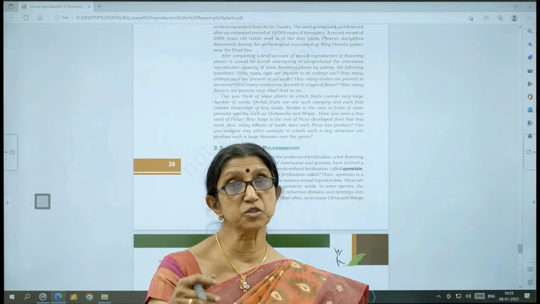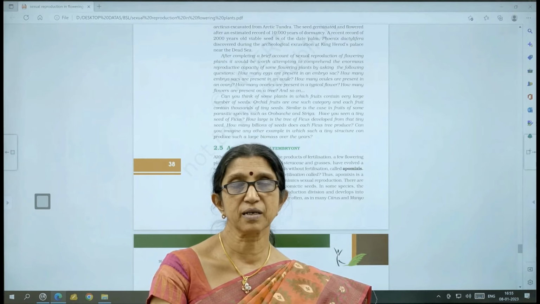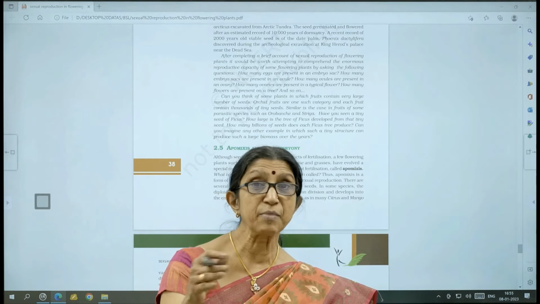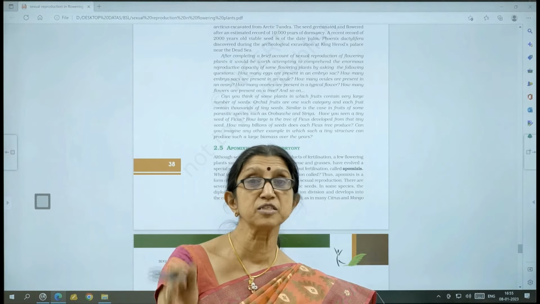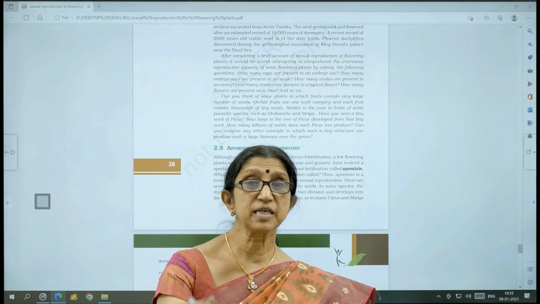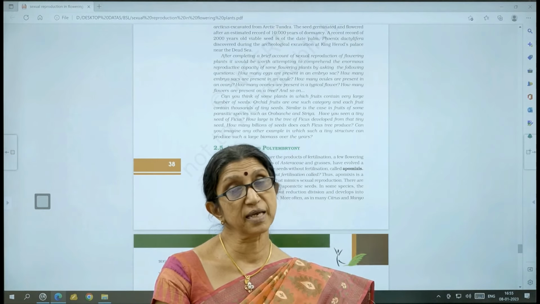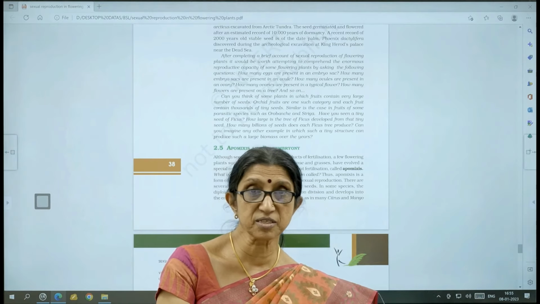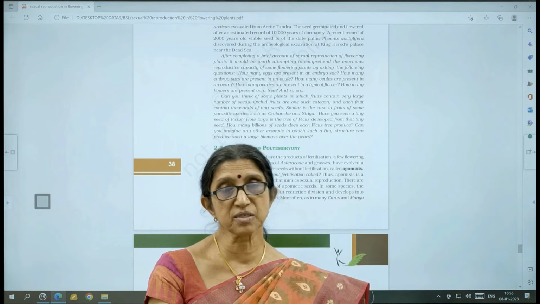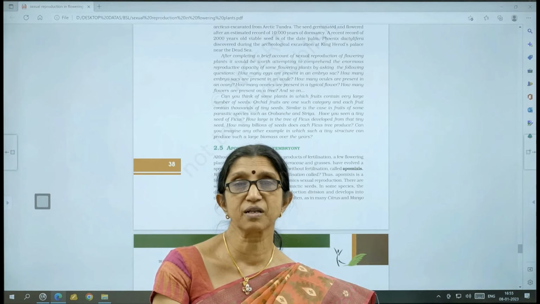Amphimixis refers to the normal type of fertilization and seed development that involves gametogenesis and gametic fusion. Amphi means both, that is, seed formation through two processes: gametogenesis, by which meiosis occurs, and later the gametes fuse together, which is fertilization.